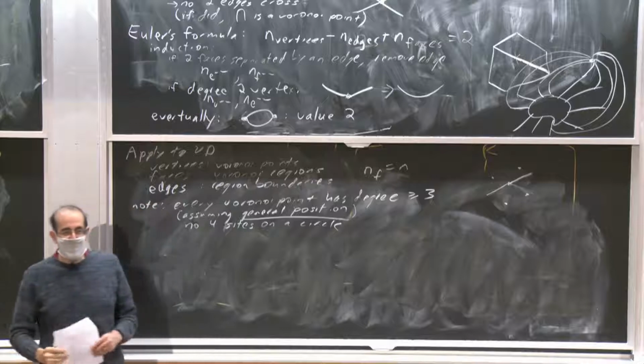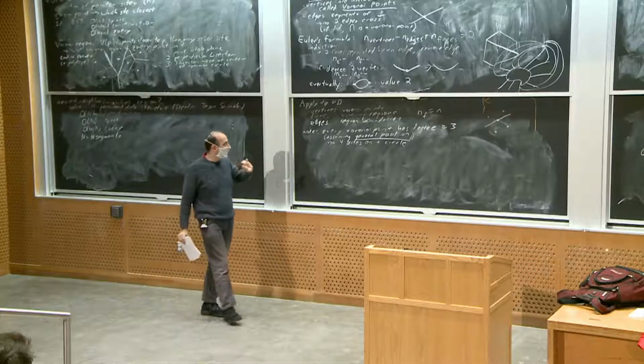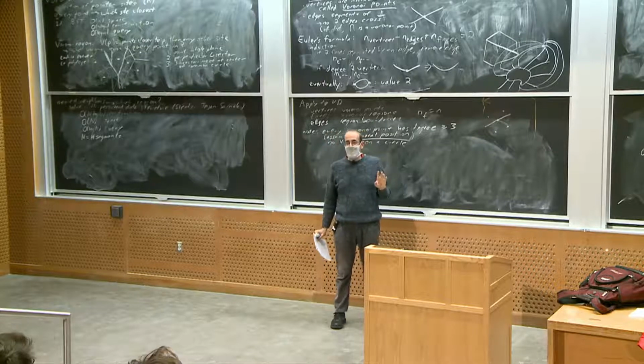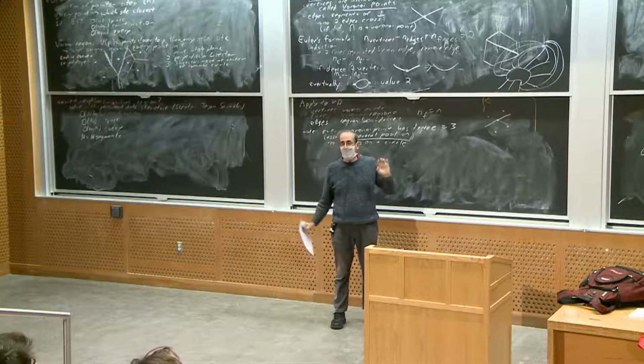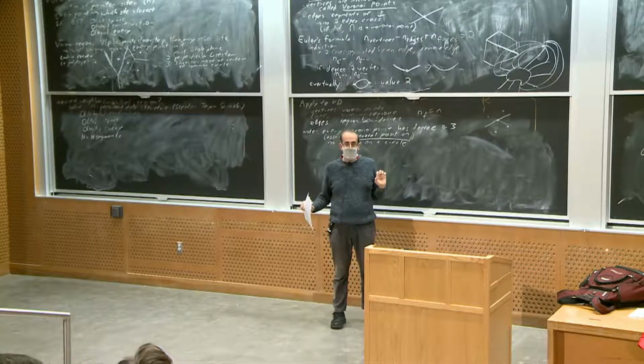If you have four sites on a circle, then all the perpendicular bisectors for all those pairs meet, and you would have a degree 4 vertex. In general position, every Voronoi point actually has degree 3, except for possibly the point at infinity, which could be much larger than 3.